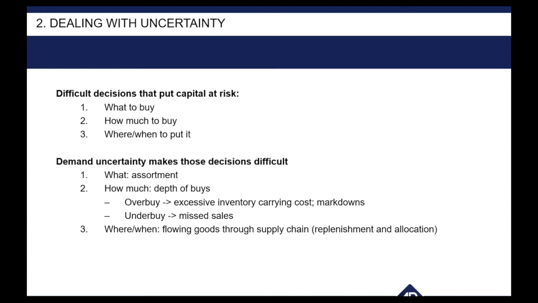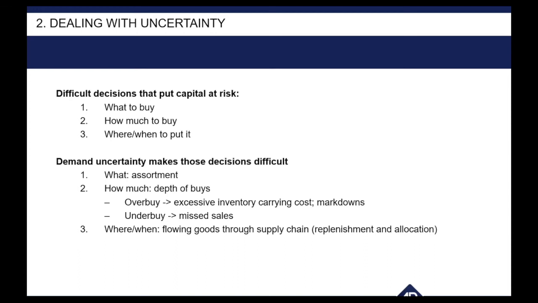How much to buy is the depth of the buy, which exposes the retailer to errors in both directions. The overbuy, which will cause excessive inventory carrying cost and unnecessary markdowns, well, necessary markdowns, but painful markdowns. On the other hand, underbuy, which leads to missed sales, which is a very costly mistake as well.